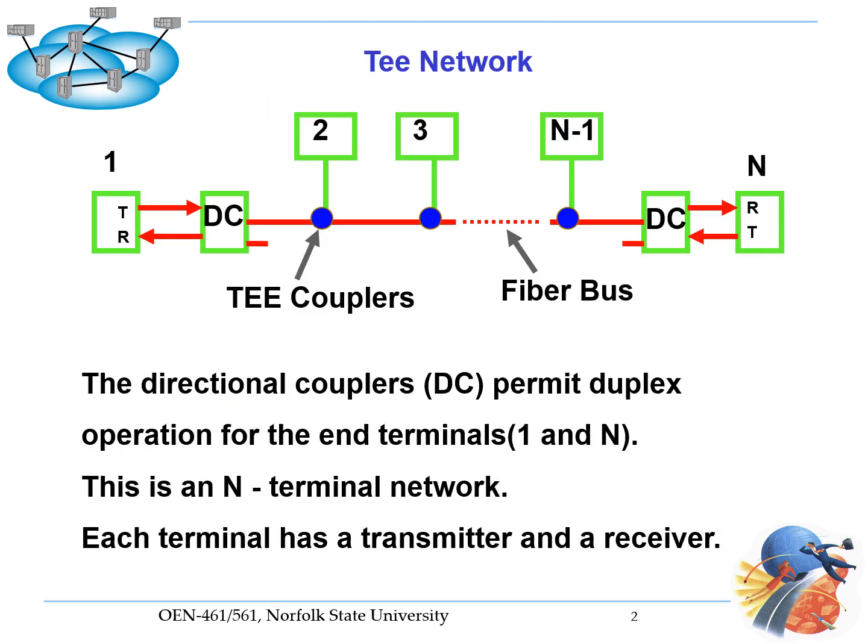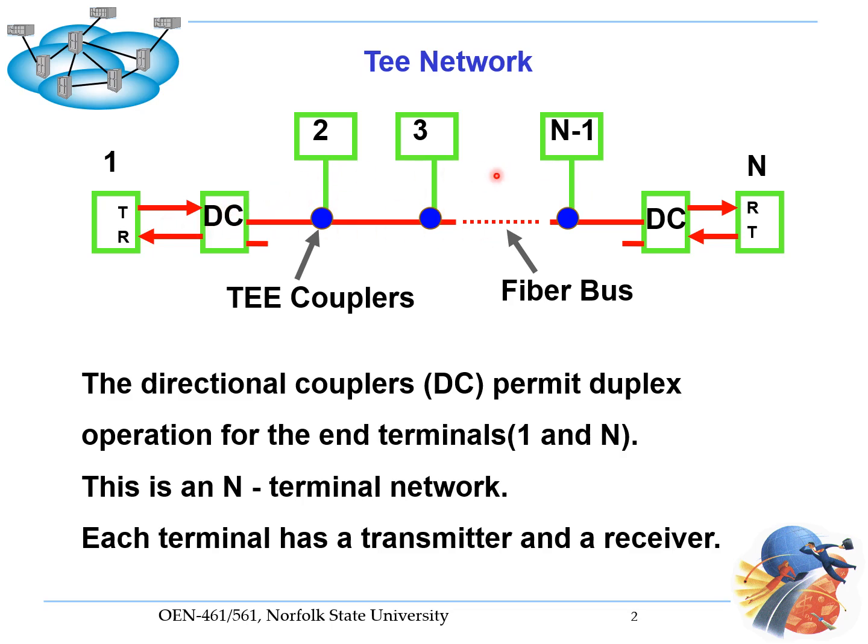Let us consider a T network with n terminals, end users, where we have two end terminals, terminal 1 on one side and terminal n on the other side, and several terminals, several users in between that are tapped into the same T line.